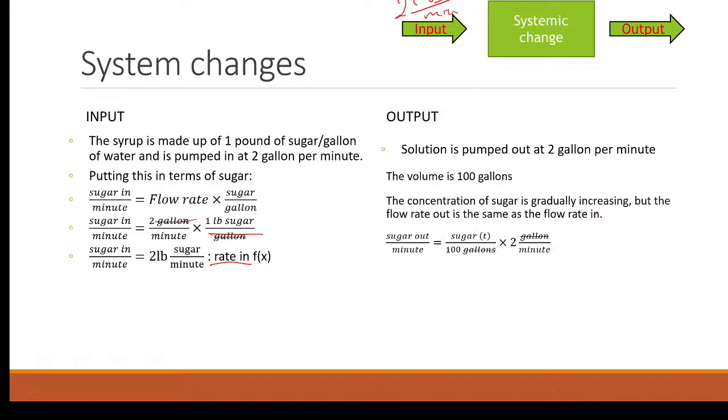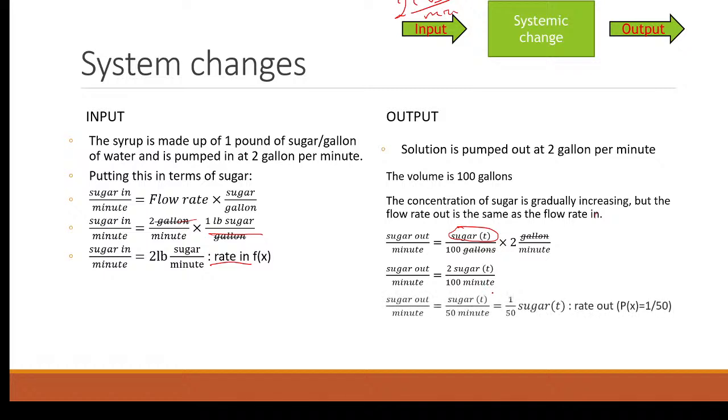So we can write the sugar out per minute by making the sugar a variable at any time t. It's 2 gallons per minute in 100 gallons. So what we end up with is 1 over 50, or 2 over 100, pounds of sugar per minute. And here we have 1 over 50 times the sugar at any time t.